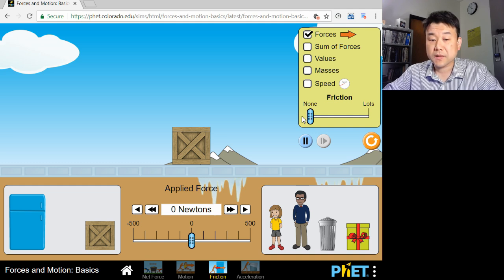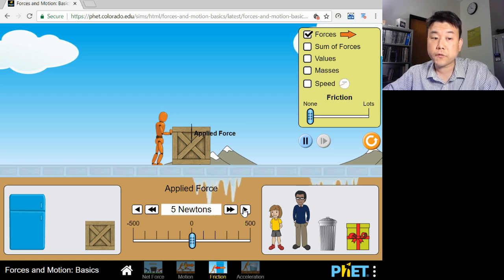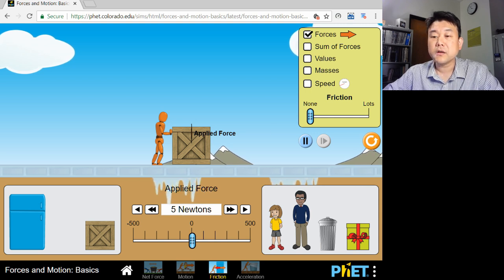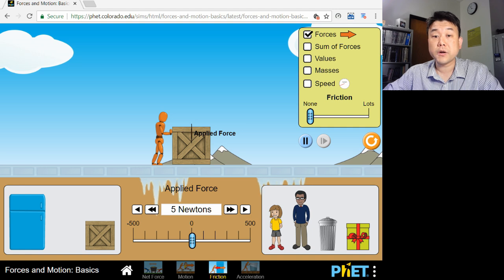Imagine pushing something on a surface completely iced over, no friction. When you push the crate, even if you apply a very small amount of force, the crate begins to accelerate. With this small force, it takes very long for the crate to accelerate appreciably, but it does.